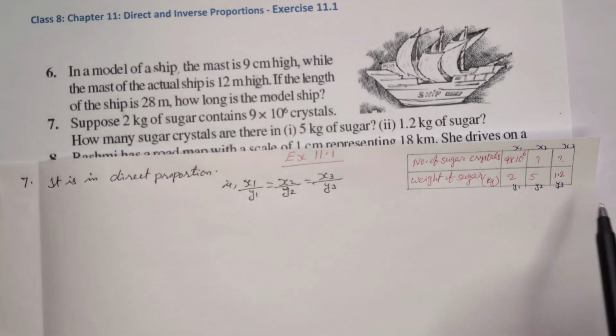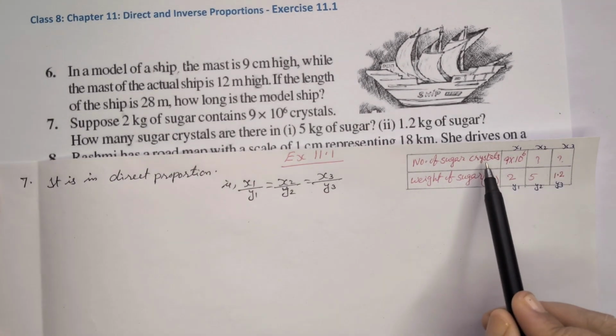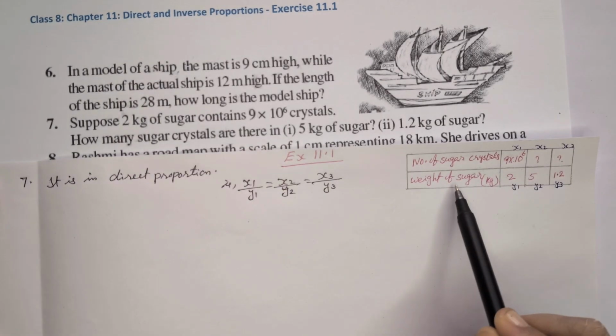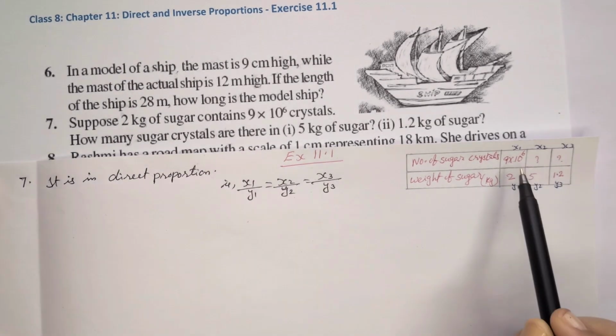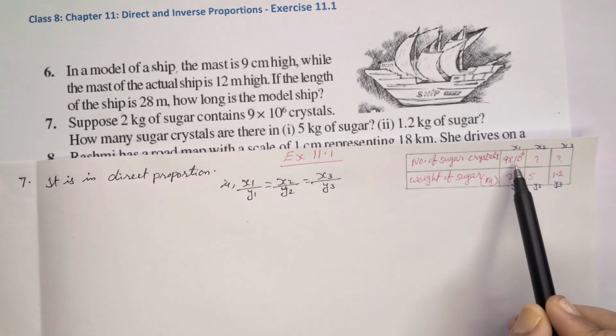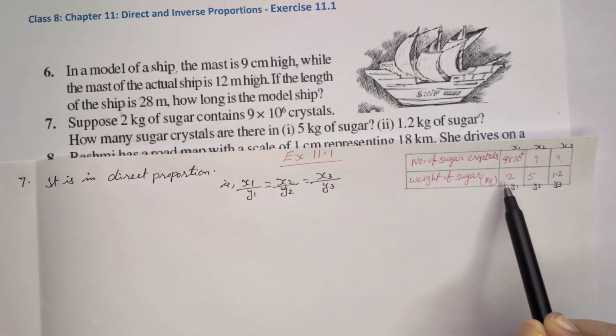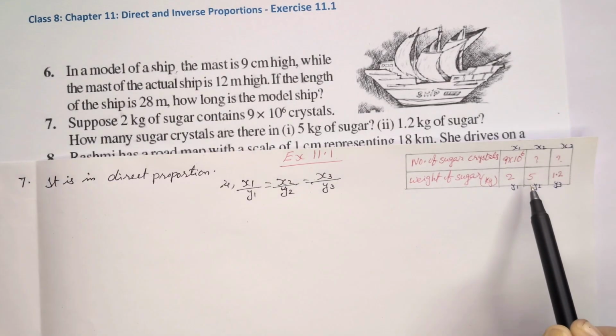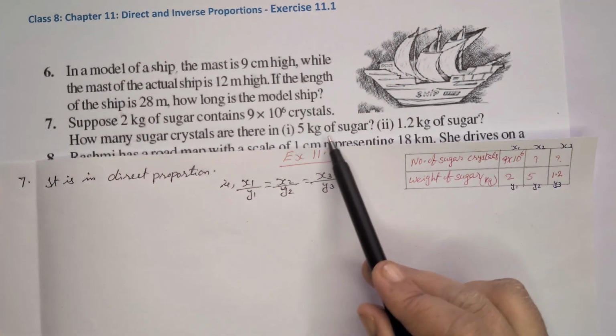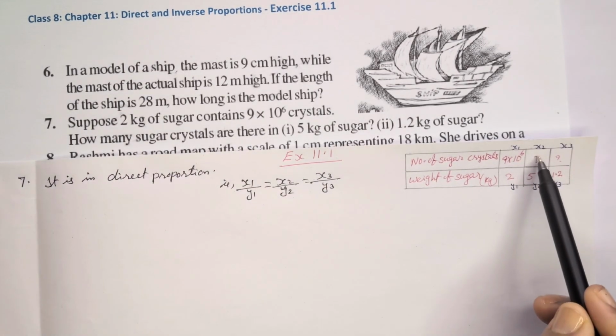We can write that in table form, number of sugar crystals and weight of sugar in kg. Here it is given 9 into 10 raised to 6 crystals in 2 kg sugar. Next we have to find, first part, in 5 kg of sugar how many sugar crystals are there.